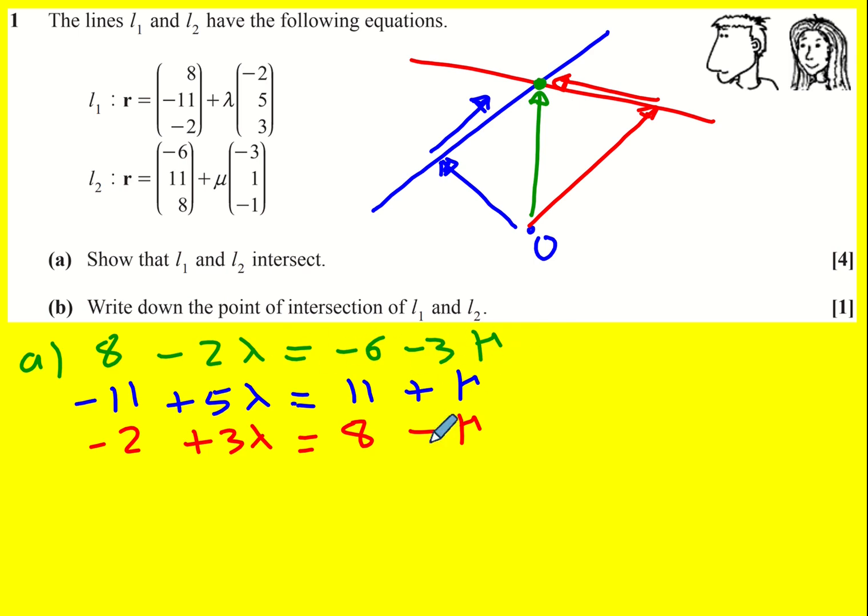Because we've got a plus mu and a minus mu, actually this seems a good shout. Rather than multiplying the equations, we can just simply add the second two together. I'm going to call the first equation 1. Then we've got 2 and 3, and I'm going to add 2 and 3 together.